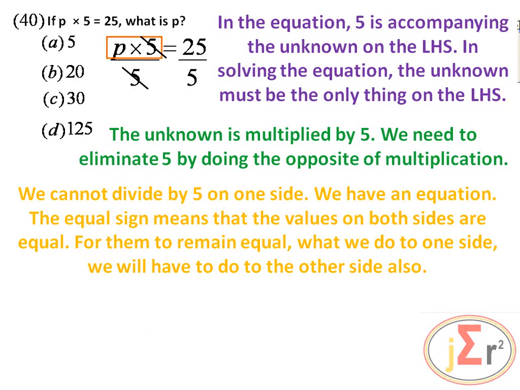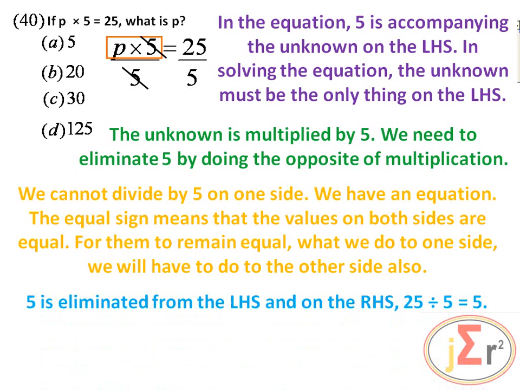The 5s that we have there will cancel each other. So the 5s on the left-hand side will be eliminated. And we need to complete the division process on the right-hand side. So we have 25 divided by 5, and the result is 5. When we divide by 5 on the left-hand side, the 5 is eliminated.